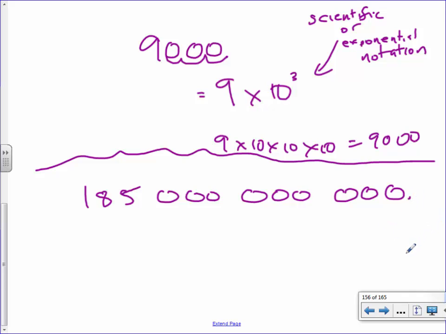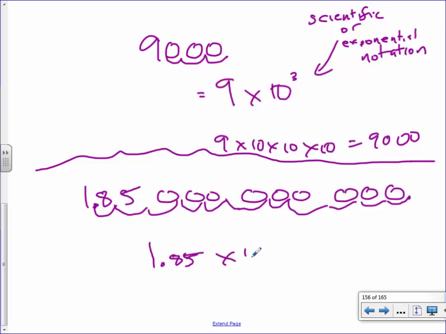How many times can I move it over? 1, 2, 3, 4, 5, 6, 7, 8, 9, 10, 11. We typically stop with 1 number left to go. Does that make sense? So I didn't go past the 1. We make the 1 stay in front of the decimal place. So now this number gets written as 1.85 times 10. And then how many times did I do that? 11.